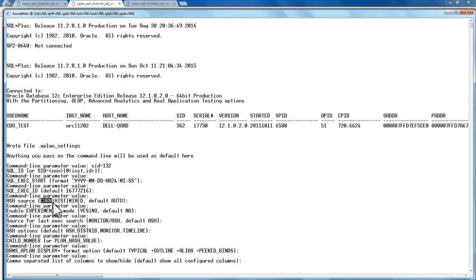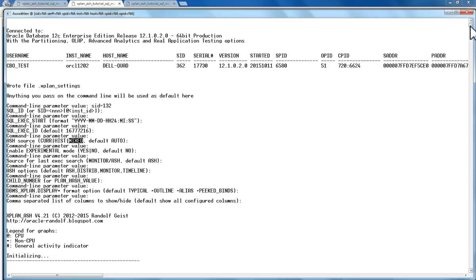Mode of ExplainASH current means take all the information from V$ACTIVE_SESSION_HISTORY and take the plan from the library cache. Hist mode would mean take the active session history information from DBA_HIST_ACTIVE_SESS_HISTORY and take the plan from the DBA_HIST_SQL_PLAN view. And mixed means take the samples from V$ACTIVE_SESSION_HISTORY but try to get the plan from the AWR, so to get the plan from the DBA_HIST_SQL_PLAN view.